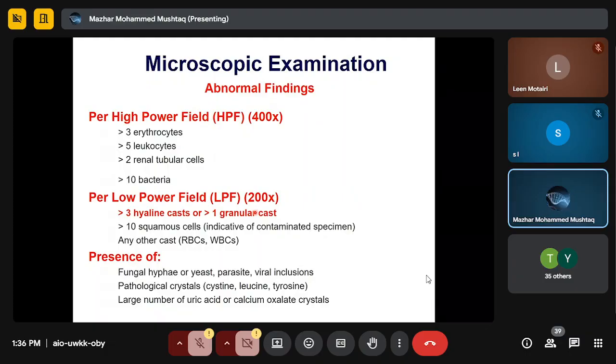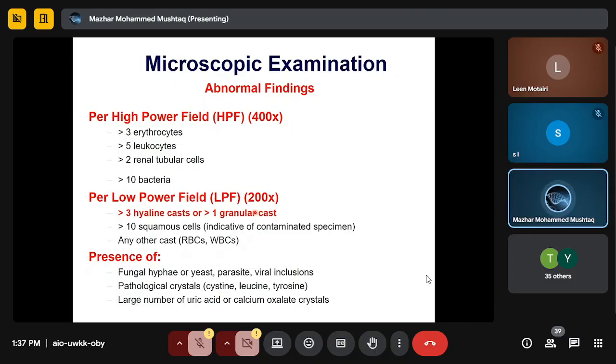For example, you can see the erythrocytes if they are more than 3, a leukocyte, the tubular cell, the bacteria, they can all be seen with a high power field, that is 400 times. LPF, low power field, we call it when we are using the lens which is 200 times. So anything under the microscope can be seen with the magnification of 200 times. So 200 times is low power field, and high power field is 400 times.